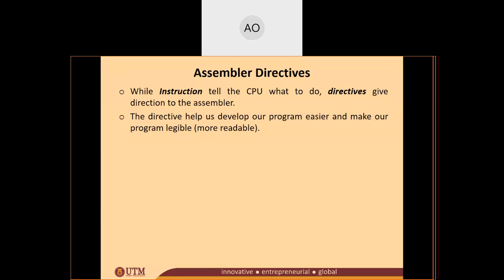While the instruction tells the CPU what to do, the directive gives direction to the assembler. This directive helps us to develop our program easier and makes our program more readable. That is the function of the directive.